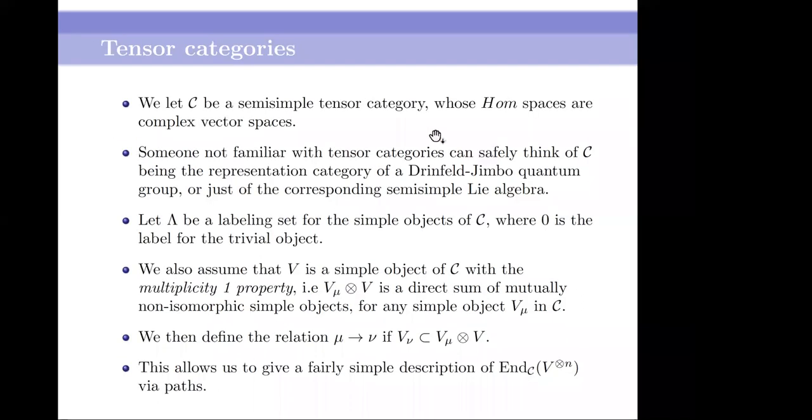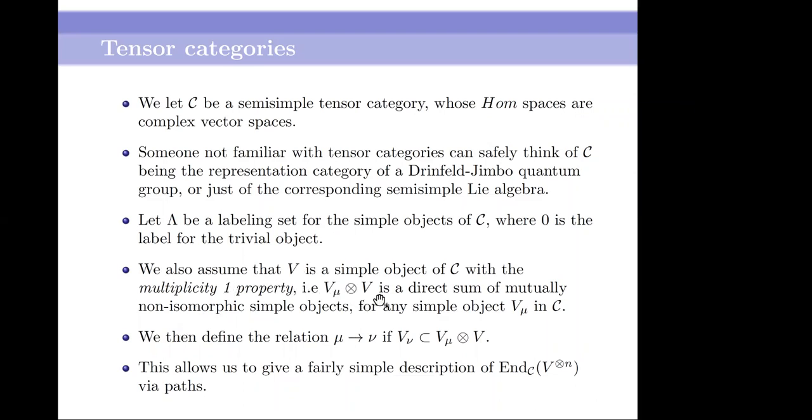And in general, we will talk about C to be a semi-simple tensor category whose hom spaces are complex vector spaces. And if you prefer, you can think about this to be a representation category of a Drinfeld-Jimbo quantum group or the corresponding semi-simple Lie algebra. And by lambda, we denote the labeling set of simple objects, where 0 is the label for the trivial object. We will assume that V is a simple object with the multiplicity 1 property.